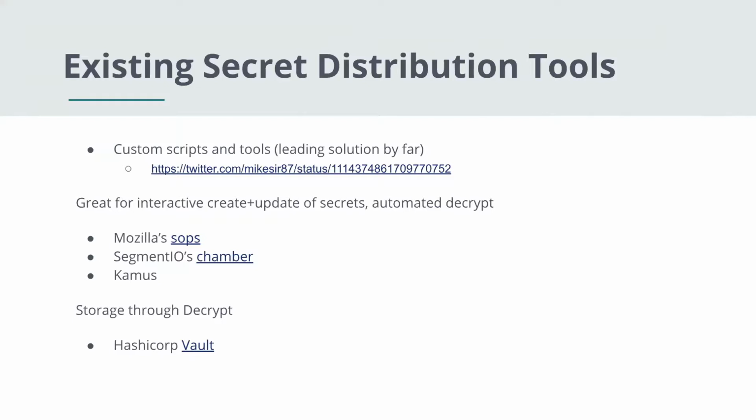So SOPS will encrypt using things like PGP, Azure, AWS, and GCP key management and encryption services. And you can actually generate encryptions for all of those if you want. What you can then do is distribute the encrypted version.